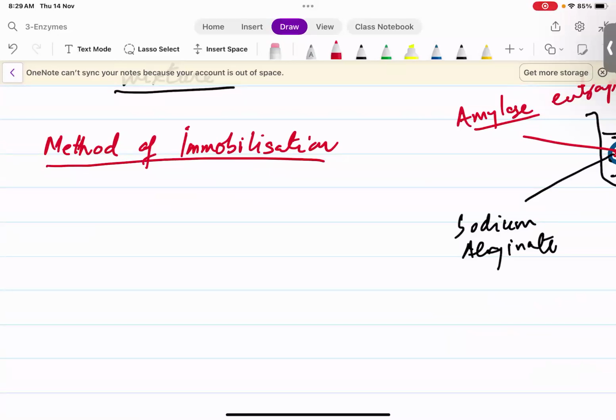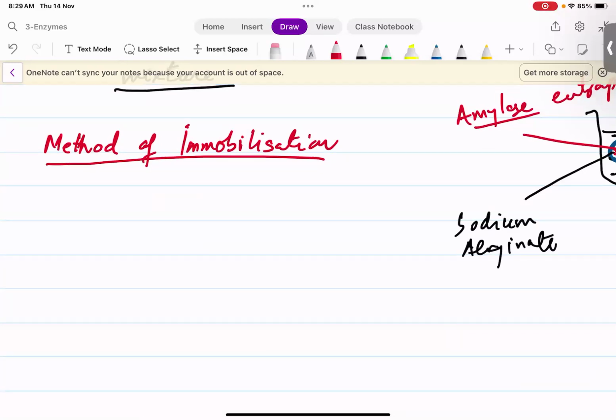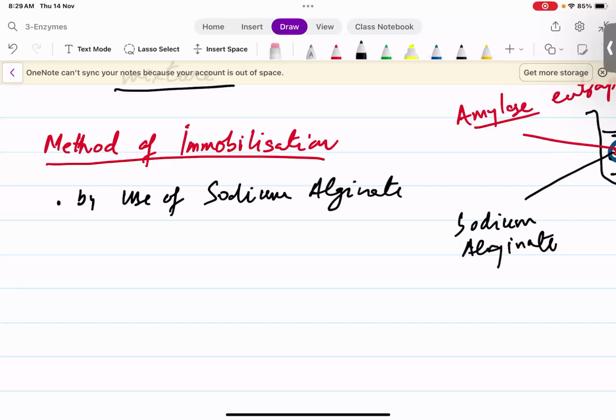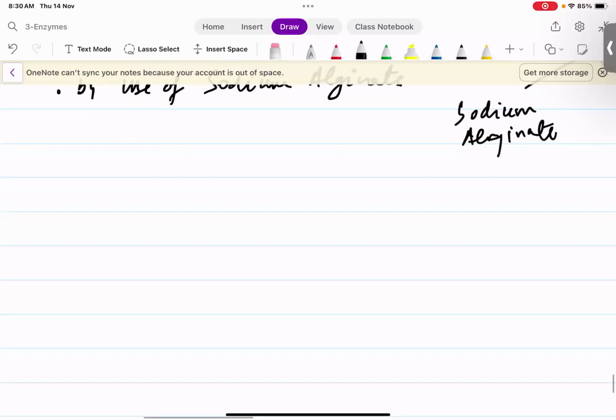There are many ways of immobilization of enzymes. One of the methods is by use of sodium alginate. There are other ways of immobilizing the enzymes, but we have the use of sodium alginate in our syllabus. So let's see, this is sodium alginate.